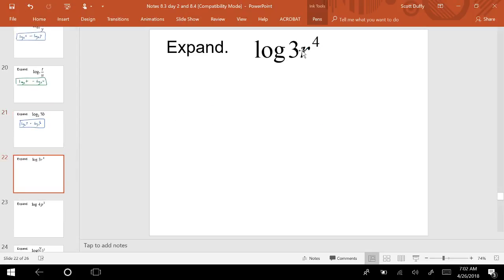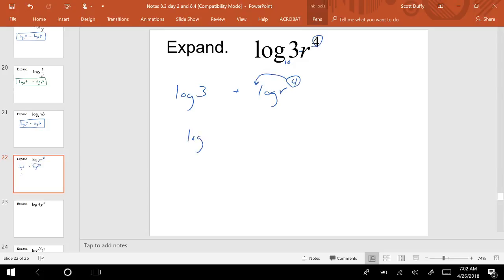We have a multiplication right here. We don't have a base, so we have to assume it's 10, where we know it's 10. And then we have this exponent. So let's split them up by the addition first. So log of 3 plus log of r to the 4. And then when you're taking the log of r to the 4, the 4 can come down.